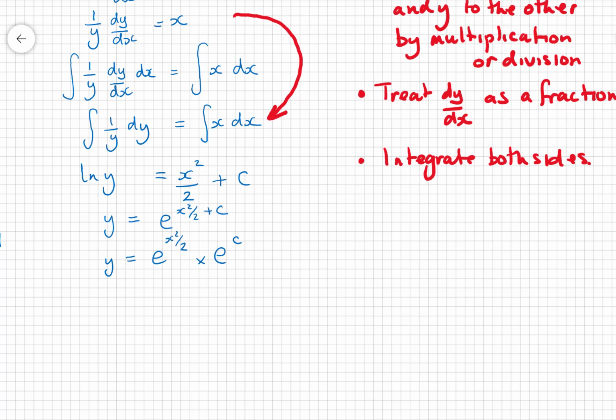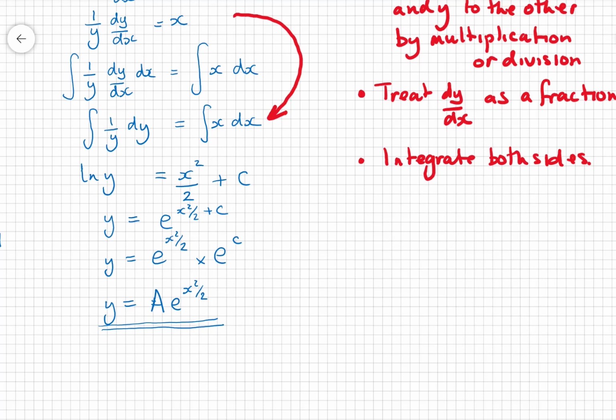E to the power of c is itself just a constant, and so we would more normally write this as a e to the x squared over 2. And there is our general solution of that differential equation.